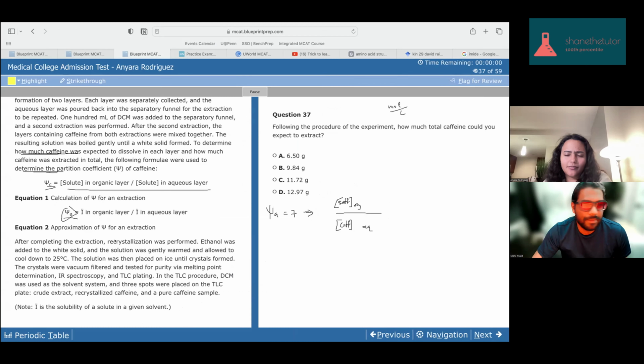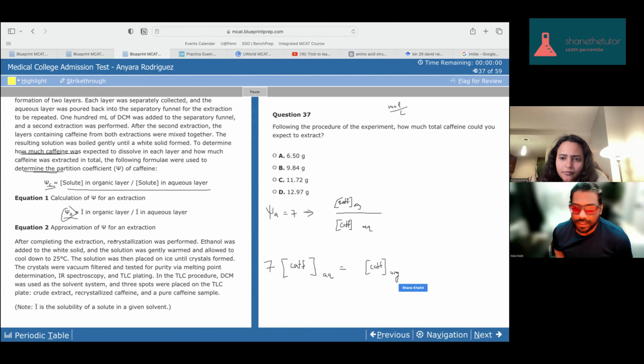So the 7 essentially means, if I rearrange it, 7 times the concentration of caffeine in the aqueous layer is equal to the concentration of caffeine in the organic layer.